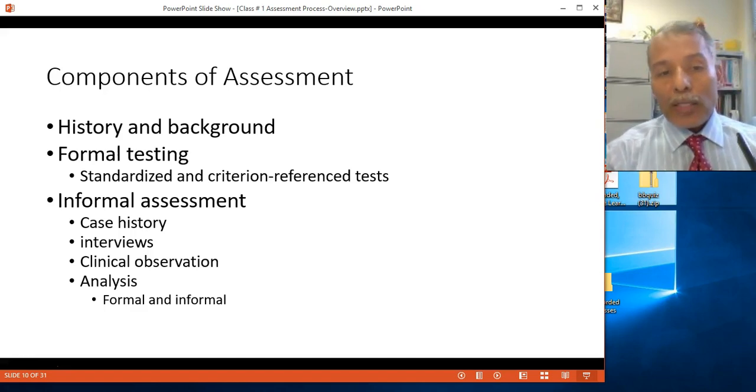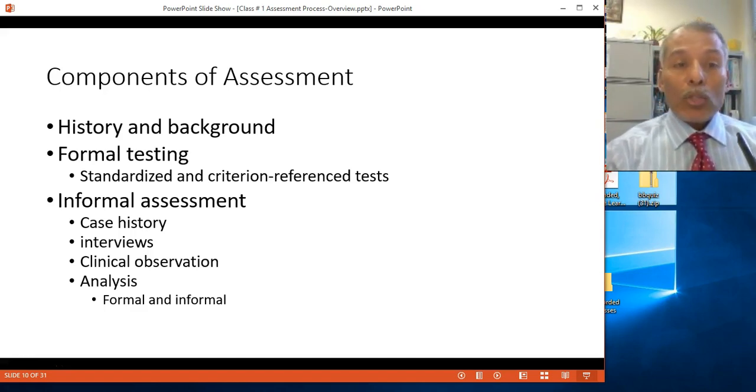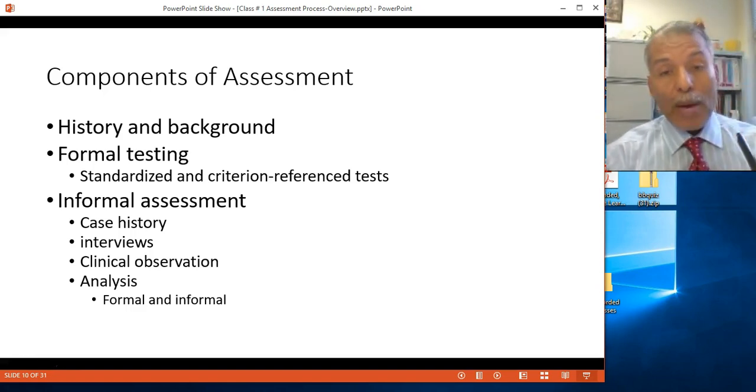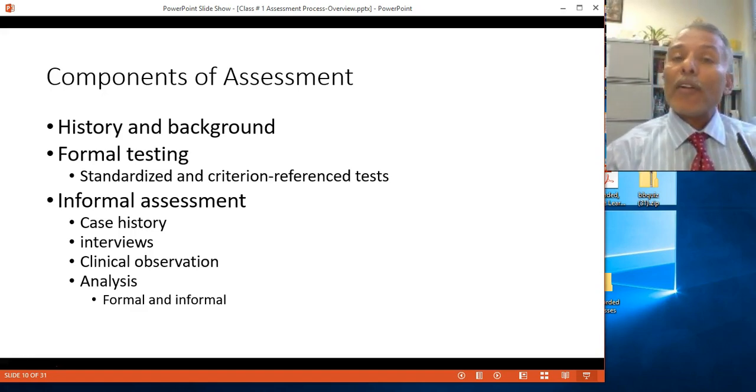So you do a lot of analysis. When you come to a language sample, language sampling is also a very important source of information. You can collect data from it.